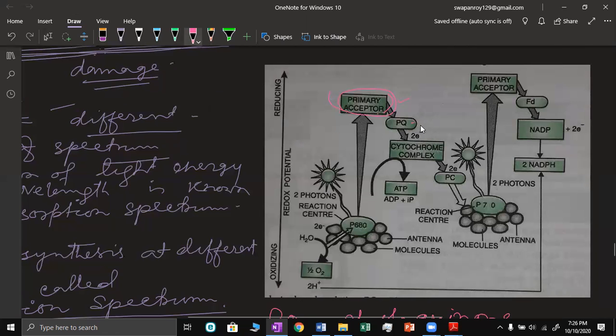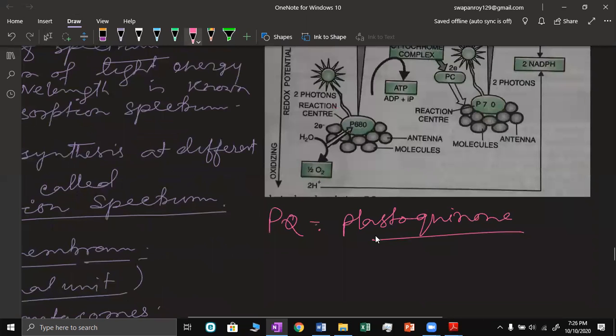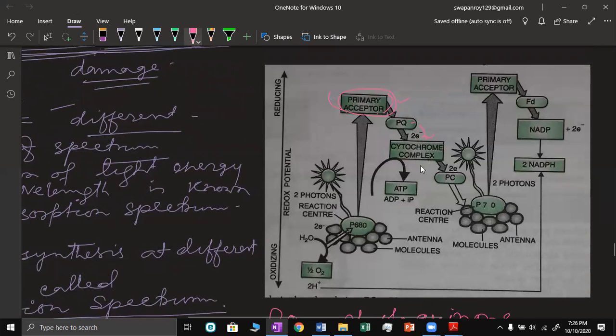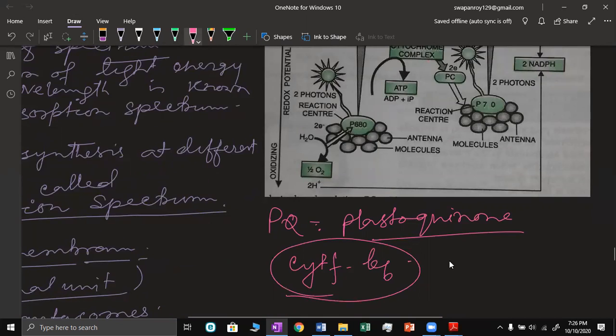From the plastoquinone, the electron moves to the cytochrome complex. This cytochrome complex contains cytochrome F and cytochrome B6. Okay, this forms the cytochrome complex, and when it moves through this, it releases a lot of energy.